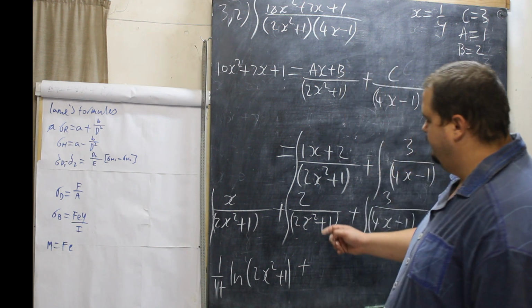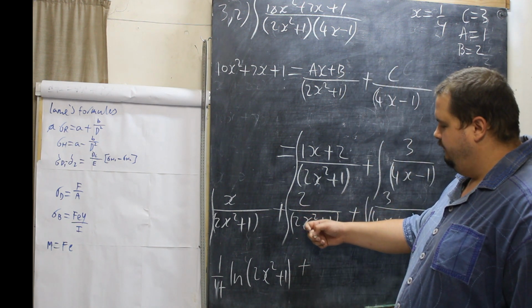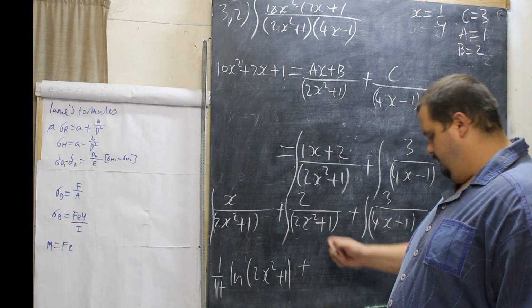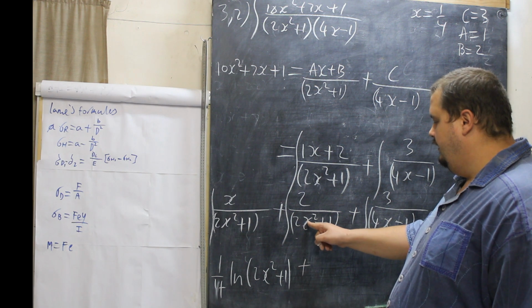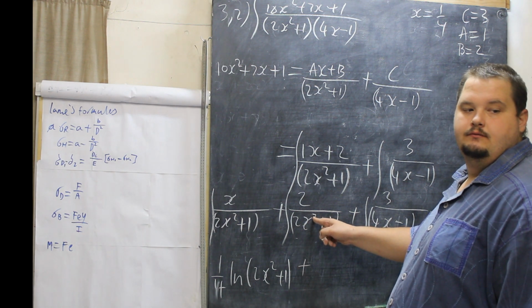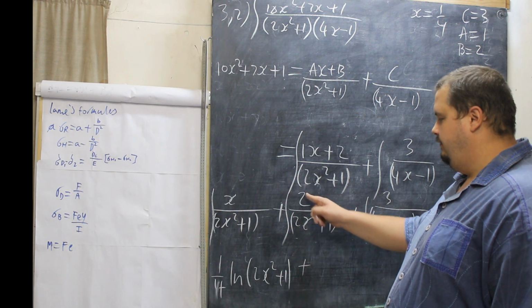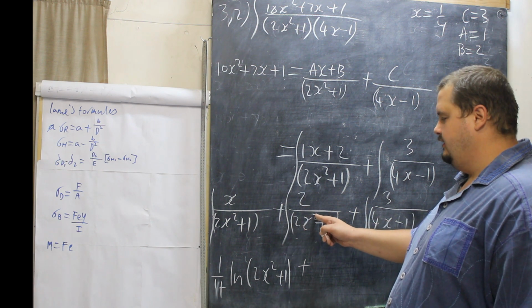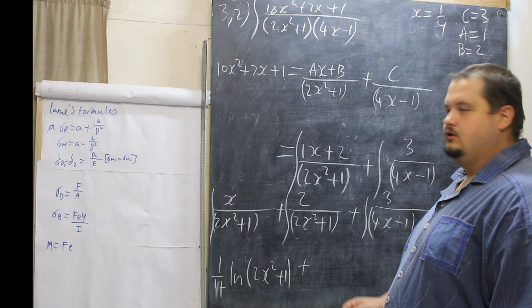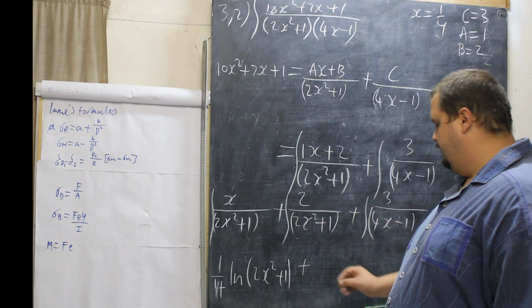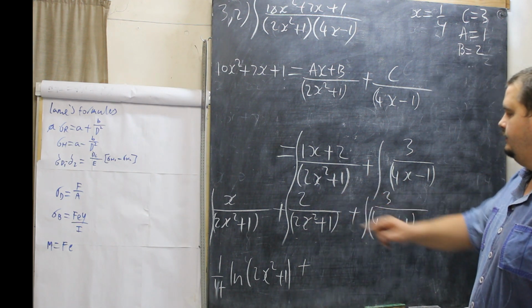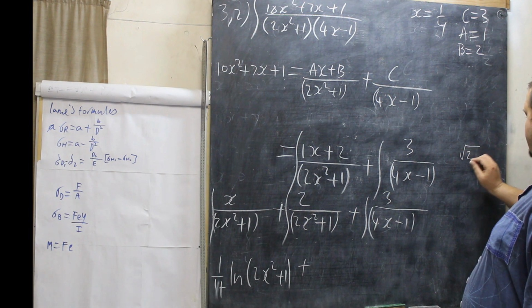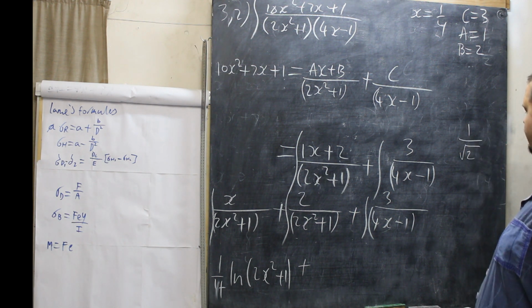Now this will be 2 over the square root of 2, because there's a squared in here and you can't just multiply by a half, you have to take that squared into account. So you multiply this to get to the top by a square root, or 1 over.